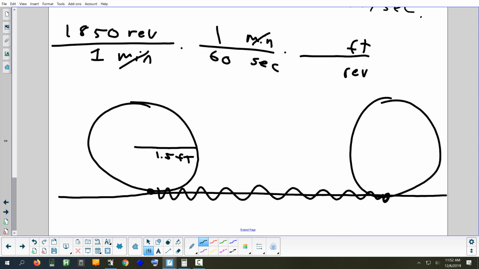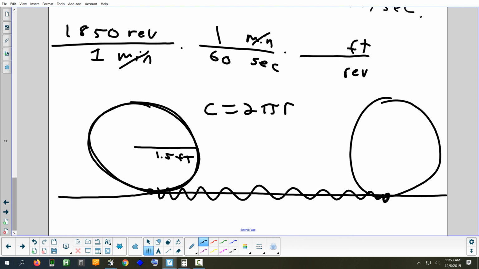Another way to think of it is pretend like this is a piece of wire, and you cut it, and you lay it down flat. That's the distance you're looking for. So let's find the circumference of this wheel, and that will tell me how many feet are in one revolution, because a revolution is the circumference.